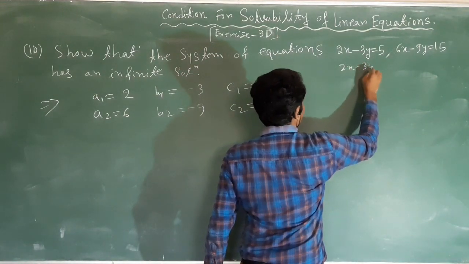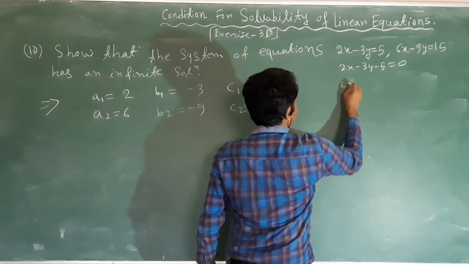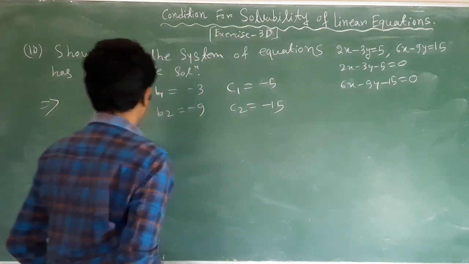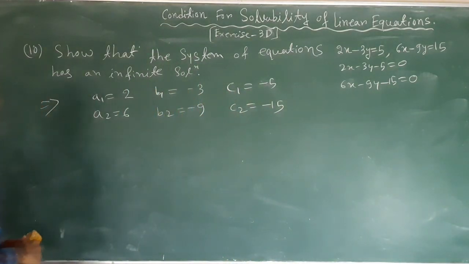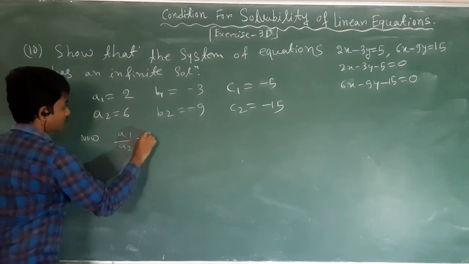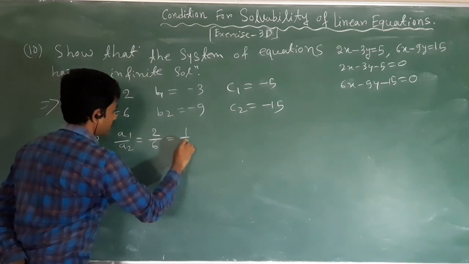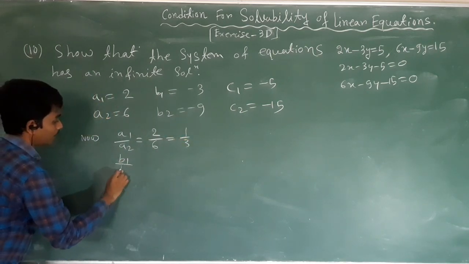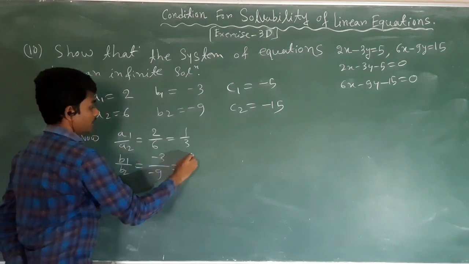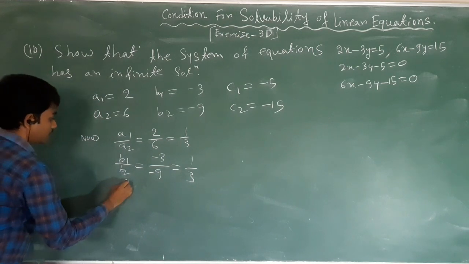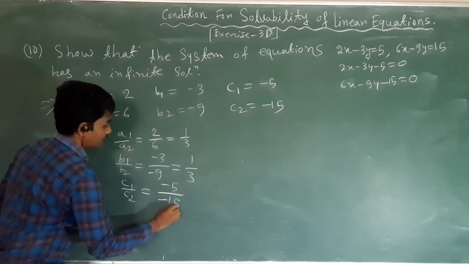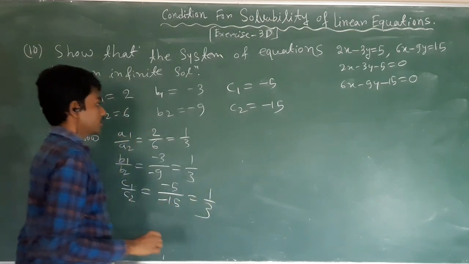2x minus 3y minus 5 equal to 0. 6x minus 9y minus 15 is equal to 0. Now, A1 upon A2 is equal to 2 upon 6, that is 1 upon 3. And B1 upon B2 is equal to minus 3 upon minus 9, that is 1 upon 3. And C1 upon C2 is equal to minus 5 upon minus 15, that is 1/3.